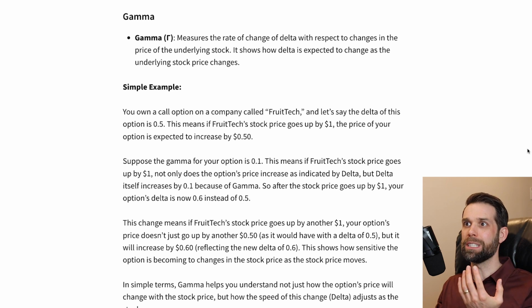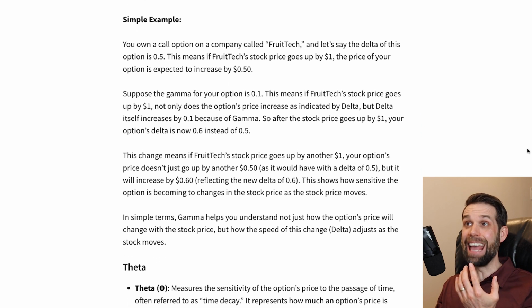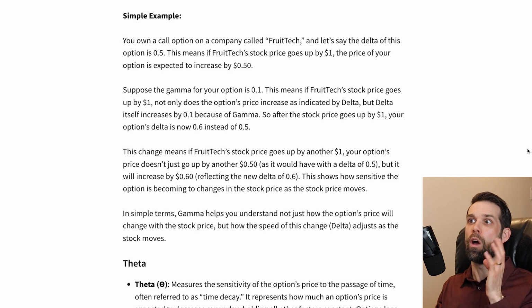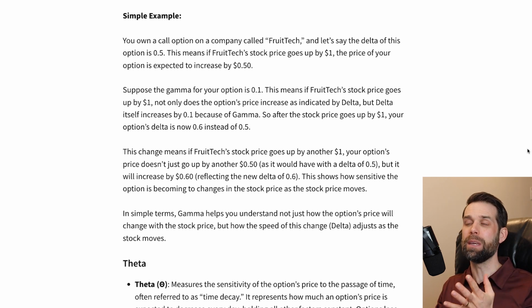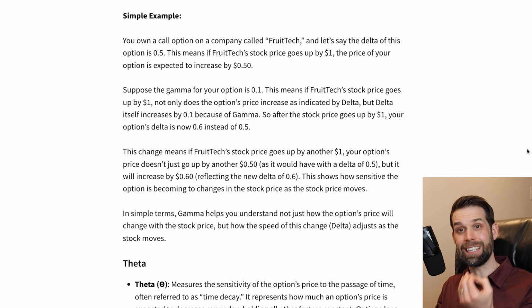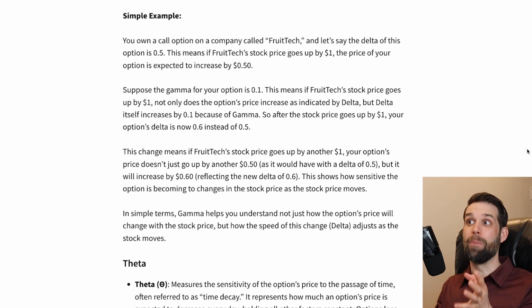Now, suppose that the gamma is 0.1. So the gamma for this option is 0.1. And what this means is that if Fruit Tech stock price goes up by $1, not only does the option's price increase by the delta, but now delta itself is going to increase by gamma.